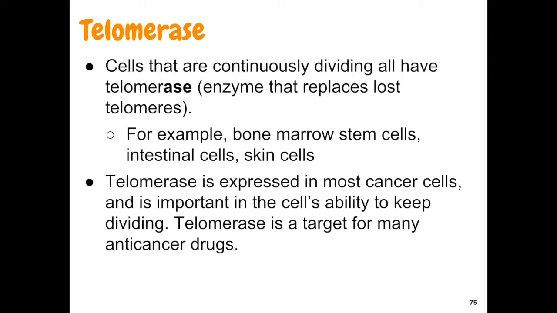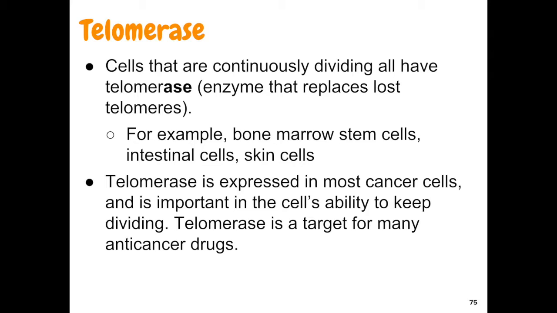Whereas if we had normal cells that are non-cancerous in a petri dish and we gave them plenty of food, the amount of telomere that those cells have limits the number of replications that the cells can undergo, and eventually they'll die within a couple replications. Whereas cancer cells, that doesn't happen because of this overexpression of the telomerase enzyme that adds the telomeres to the end after each replication goes on.